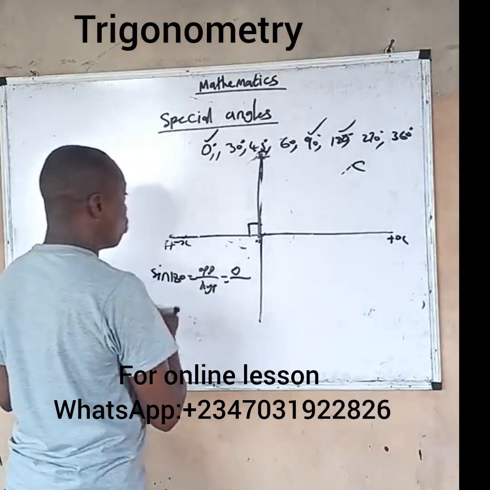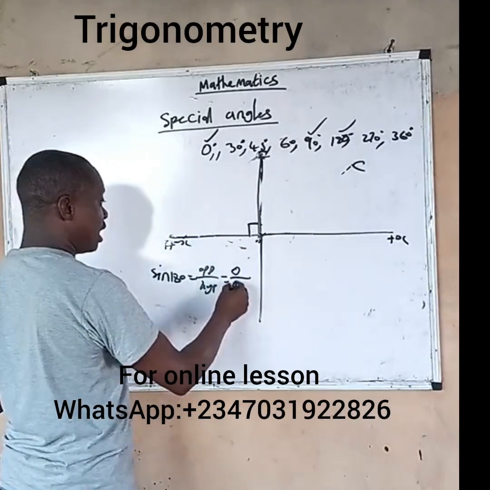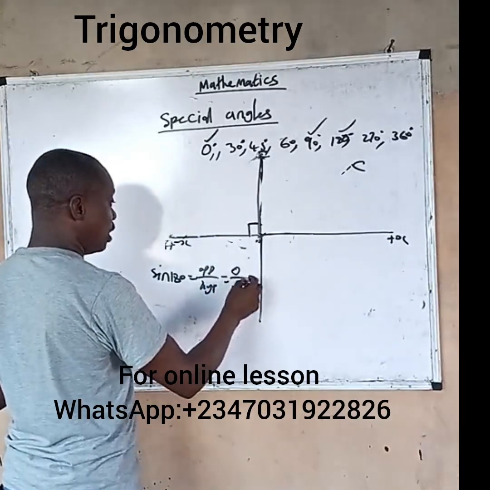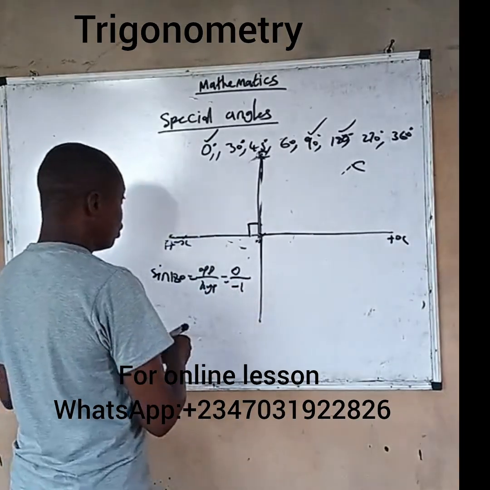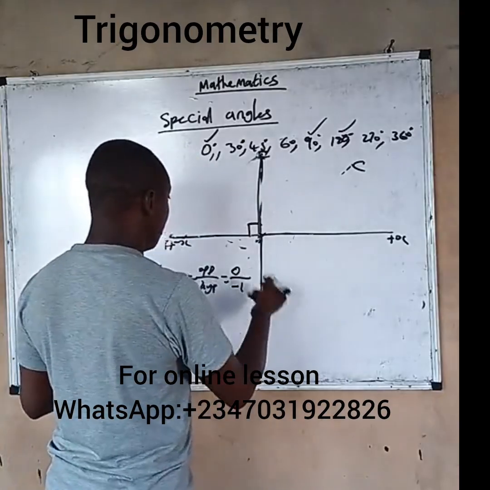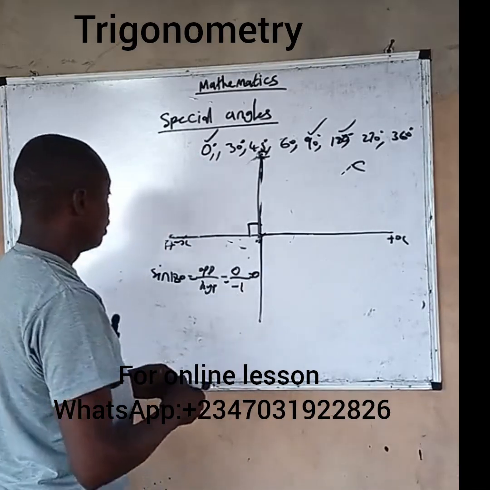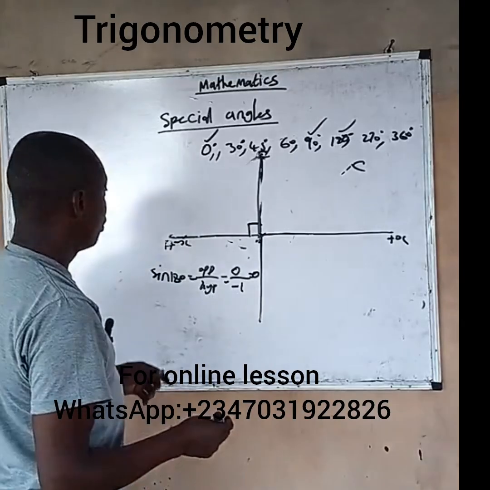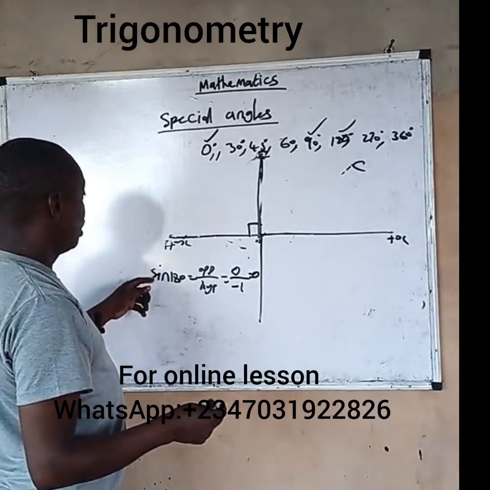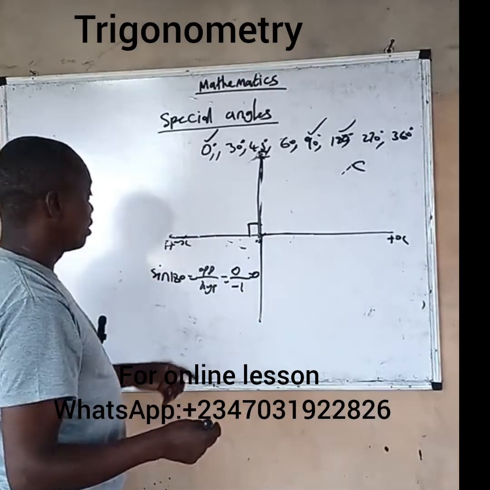Your x is minus 1 because your line is there. So 0 divided by minus 1, you still get 0. So your sine 180 degree is 0.